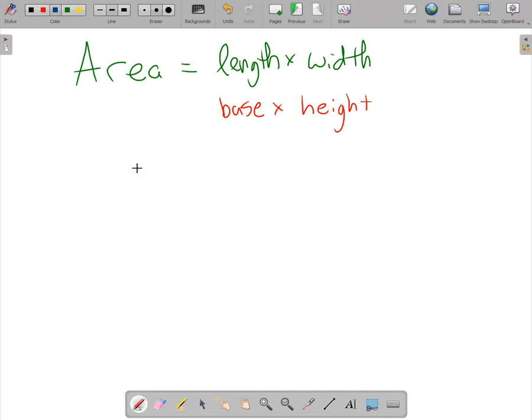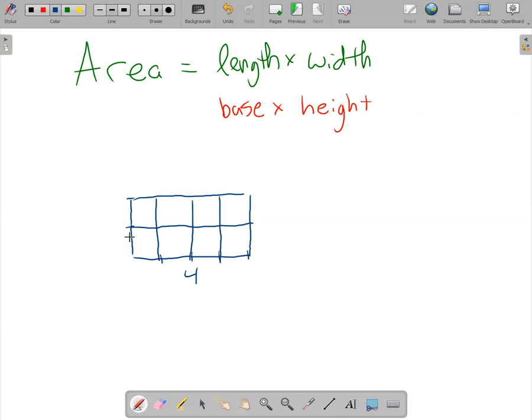So if we view area as some base, like let's say a base of 4, and I measure out 1, 2, 3, 4, and a height of 2, and I measure up 1, 2. Then in terms of the way we measure in squares, square inches, square feet, square centimeters, square miles, I definitely have 8 square units here.